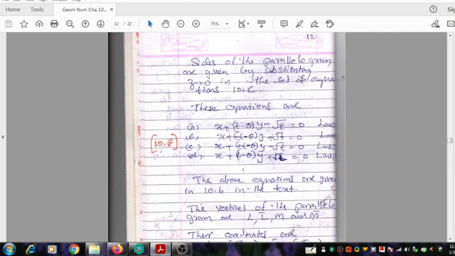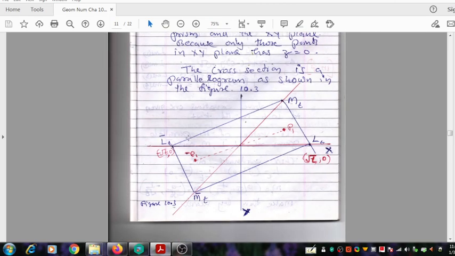By solving the equations together, these two lines make a point of intersection here. This line has a point of intersection with this line, and that line has a point of intersection with this line, and also here we have a point of intersection. Now, how can we obtain this point of intersection?